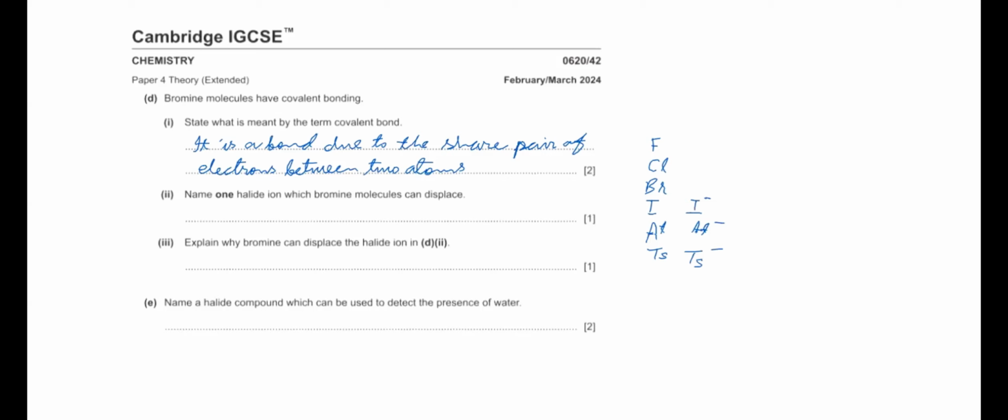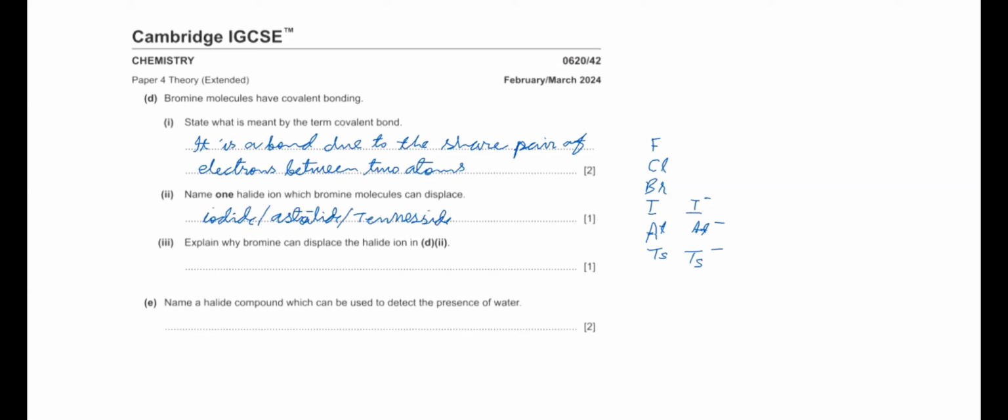So we should write any of these. Iodide, it's okay. If you write astatide, it is also okay. Or if you write tennesside, it is also okay.